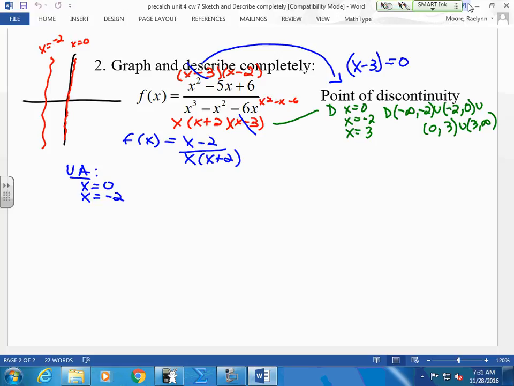Okay, my horizontal asymptote. The horizontal asymptote says if the degree in the numerator is less than the degree in the denominator, then my asymptote is y equals 0. You okay with that? I think it's the first one on the list.